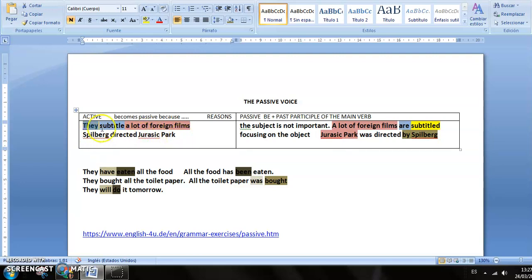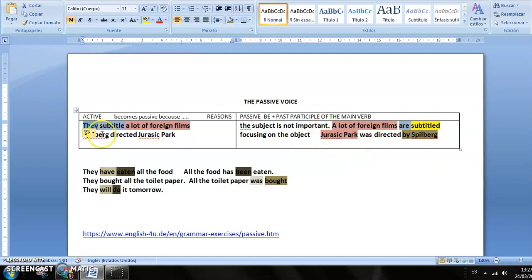We have a subject, we have a verb in active, and we have an object. Or we can choose to put the object at the beginning and swap the whole structure. "Jurassic Park," right, is now the subject, "was directed by Spielberg," alright? That's the way we do things in English.